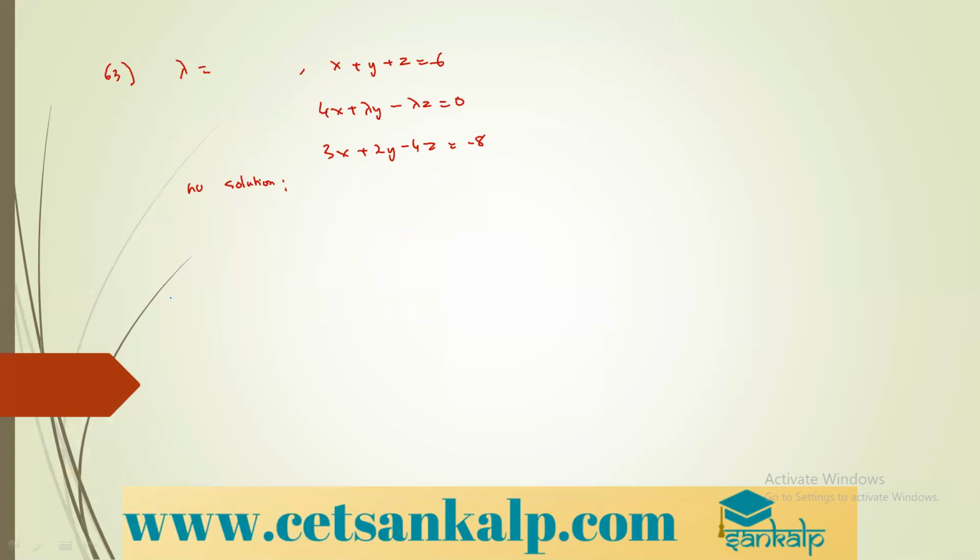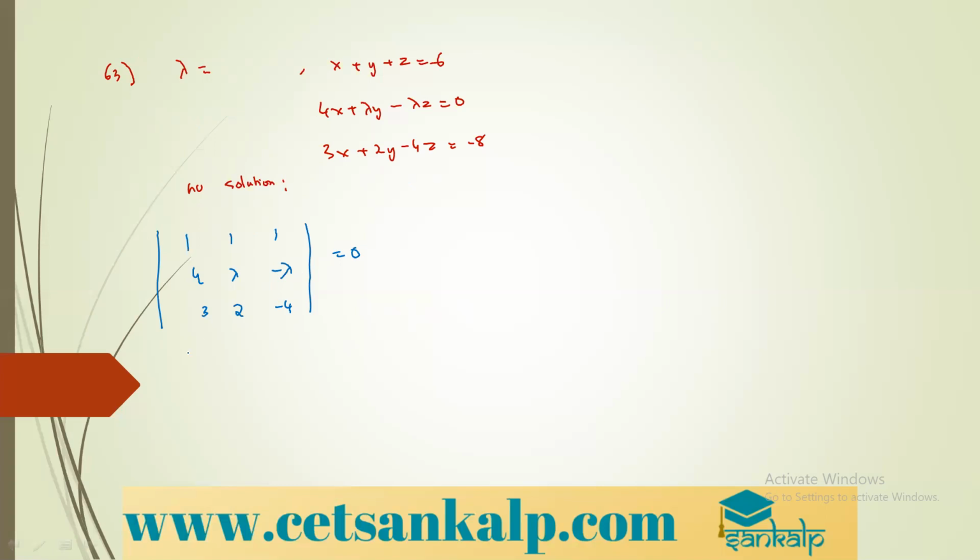So how can we do that? The system of equations has no solution if you take the coefficients determinant 1, 1, 1, 4, lambda, minus lambda, 3, 2, minus 4, and the determinant has to be 0.